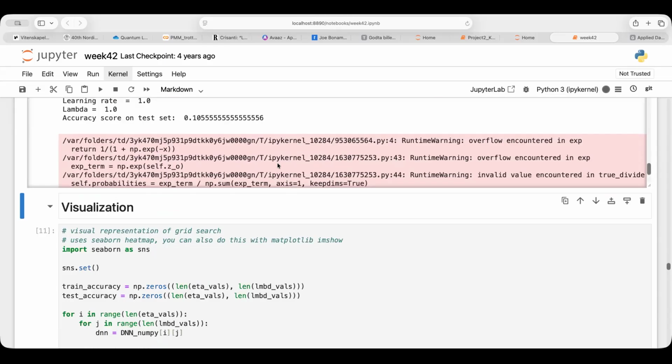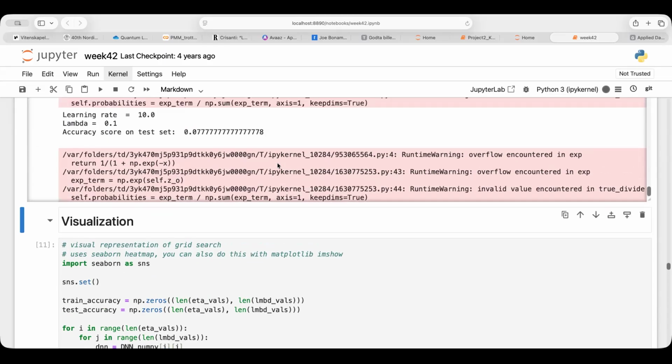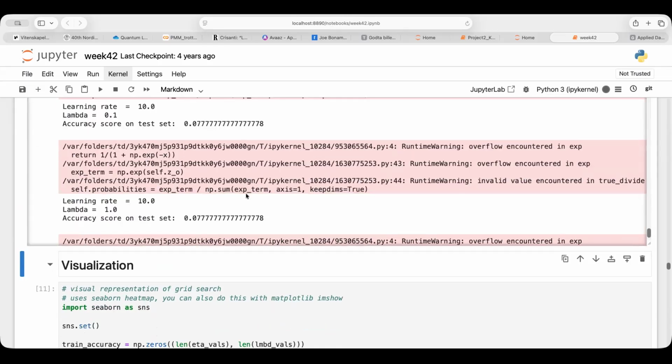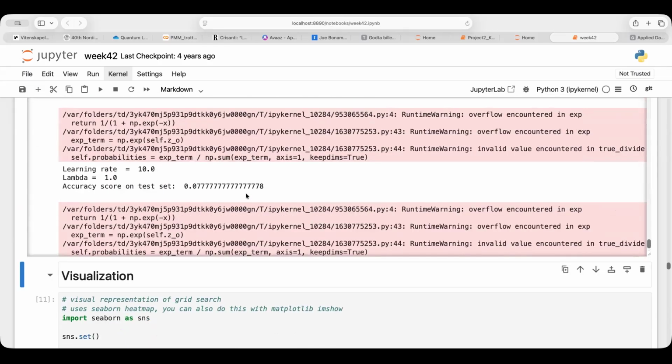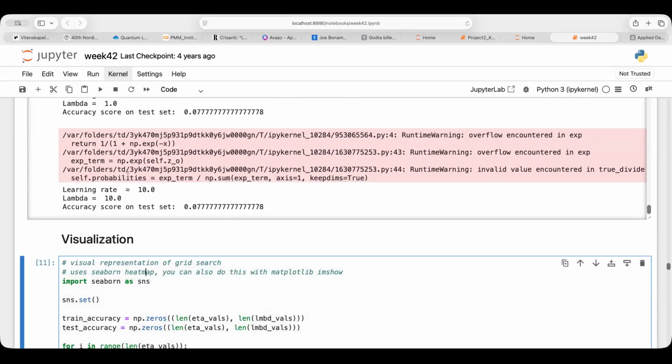I will just show you the final plot here, and then it should be done. I think it's roughly done now. It should have a 10, and then it should have a lambda value of 10, and then it should be done. And now it's done. And then we can visualize.